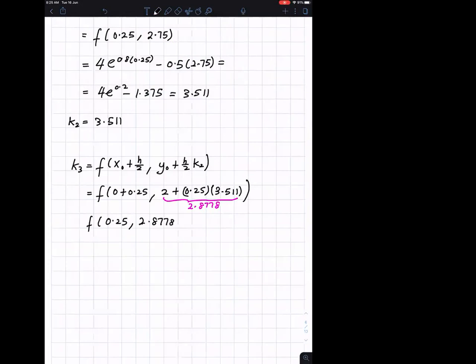$2.8778. So now you have new X and Y values. Plug that into the differential equation: 0.8, 0.25 minus 0.5, 2.8778.